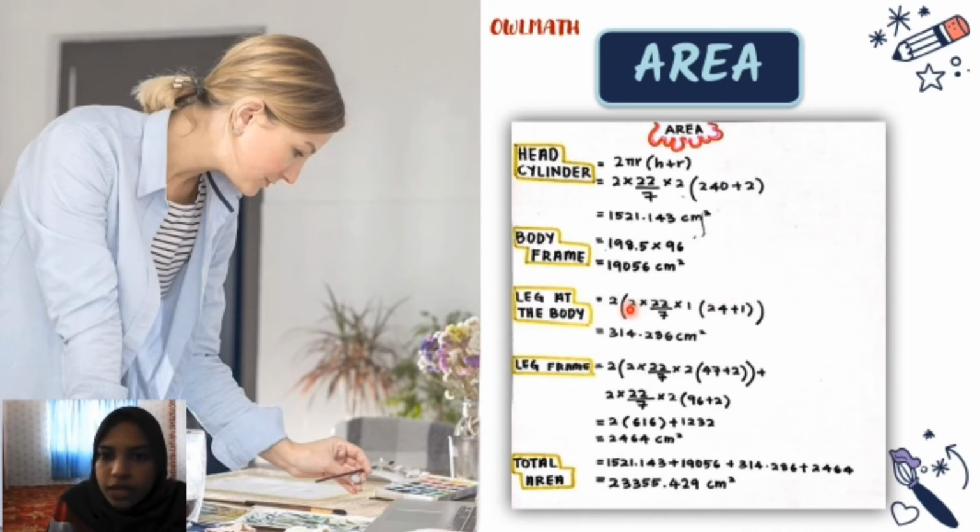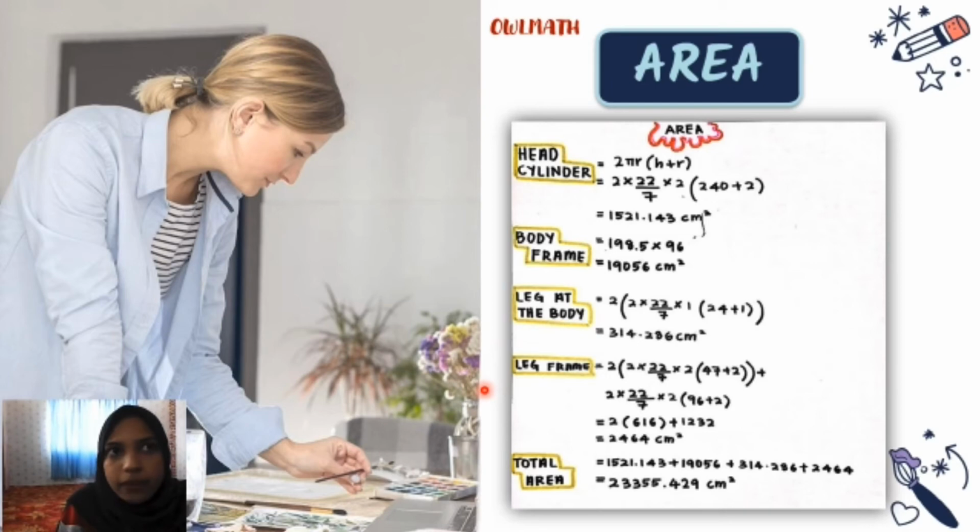The calculation is 2 times 22/7 times 1 times (24 + 1). Since we have 2 cylinders at the center of the body, we multiply it by 2, and the answer is 314.286 centimeter square.